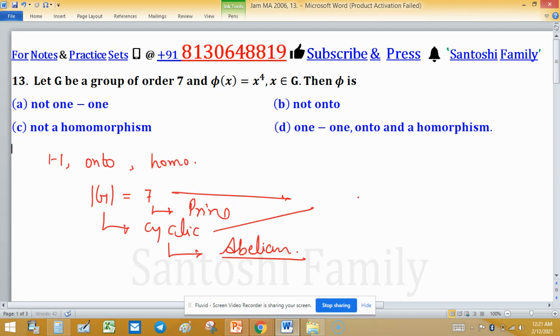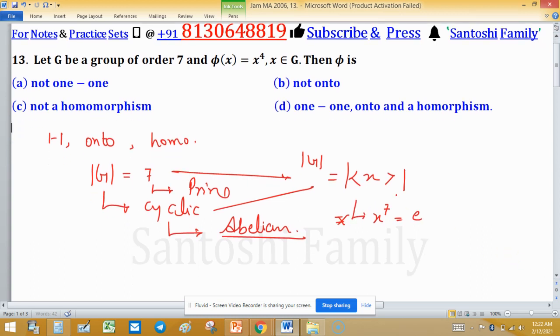Because G is cyclic, it is generated by, suppose, x. So the order of G will equal the order of its generator, and the generator gives x raised to the power 7 equal to e. This is the property of a generator, and this is the least positive integral power at which we get e.